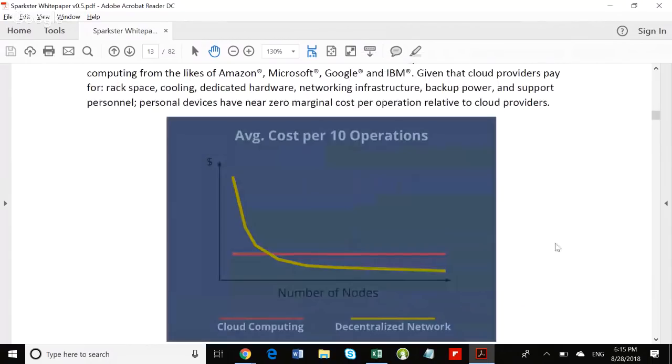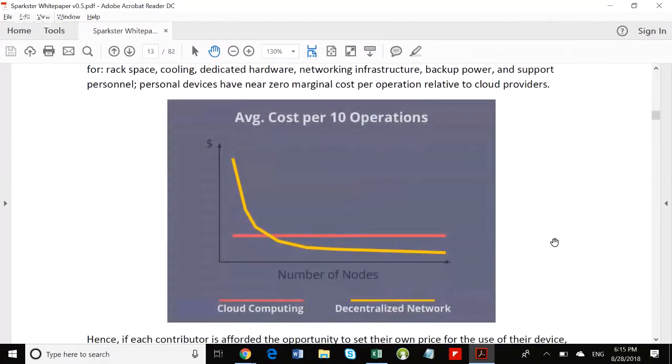Now, if you remember, in the beginning, I talked about how the more nodes that join the network, the price per operation, or the price per execution, falls, right? And that's because the probability distribution is not just a function of how many tokens you stake, but also a function of matching how much a company like Panasonic is willing to pay, and then who is providing their devices at a price that's less than or equal to what that company's willing to pay, right? And so this is how we end up being able to drive down costs.